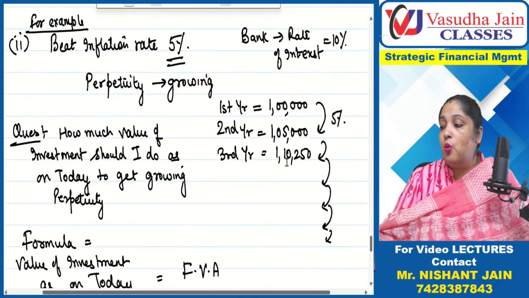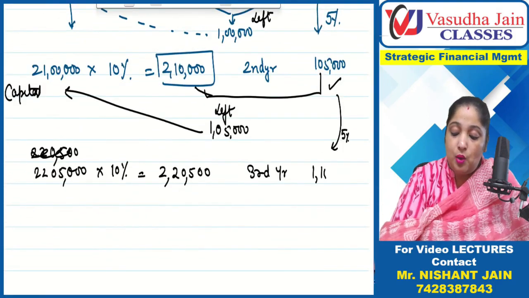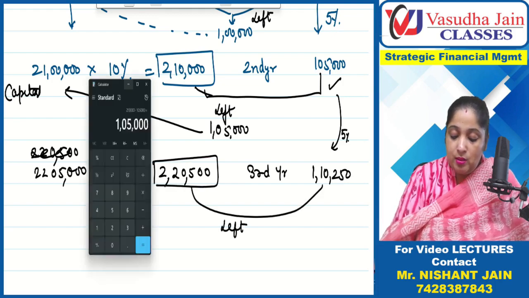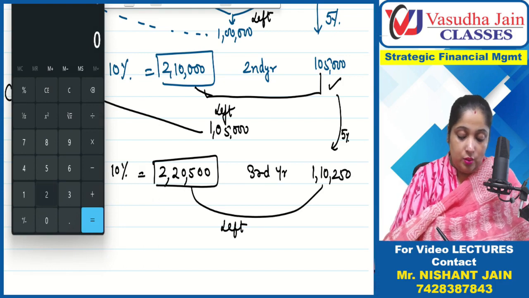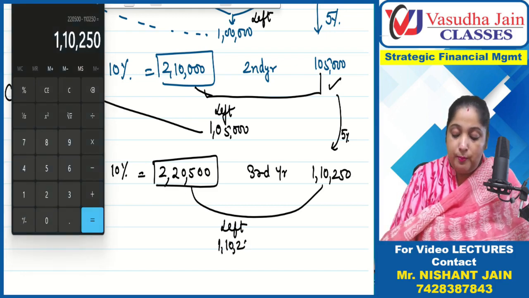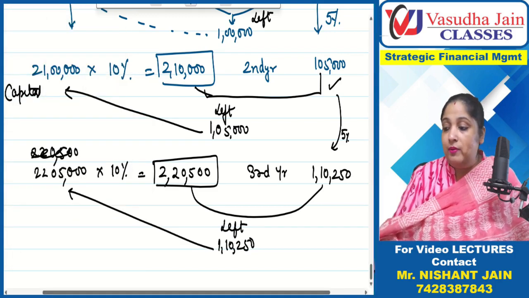So how much money do you want? 1 lakh 10,250. So you will receive 1 lakh 10,250 out of this money, and how much is left? Simple calculation. 2 lakh 20,500 minus 1 lakh 10,250, so you are left with 1 lakh 10,250. Bank will increase your capital with this amount.